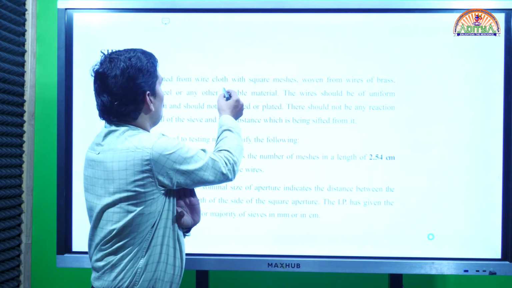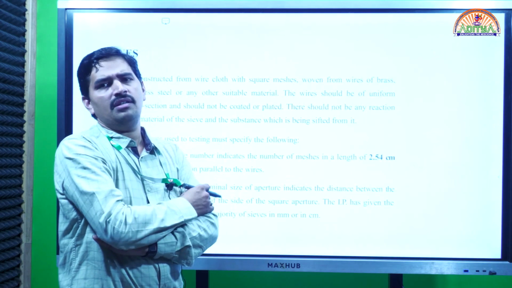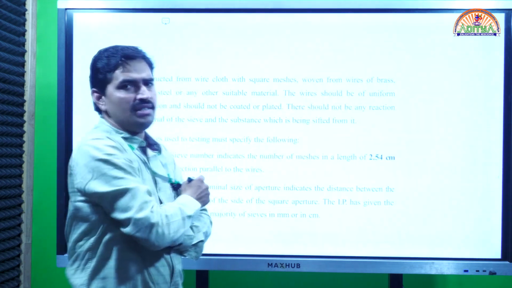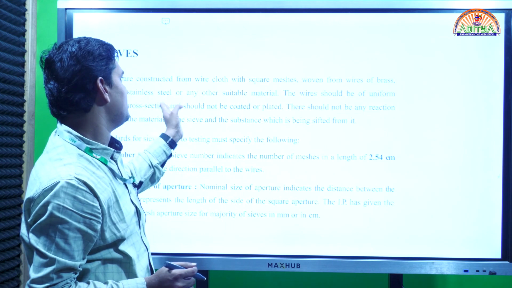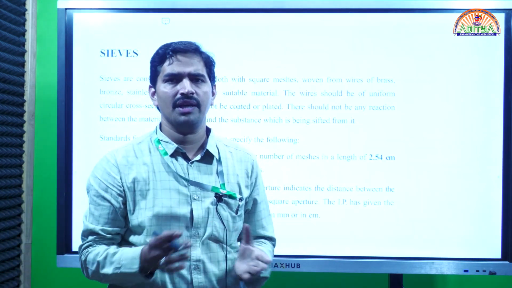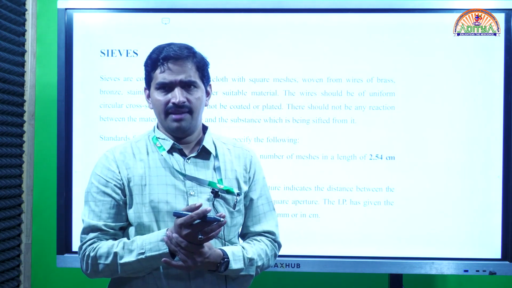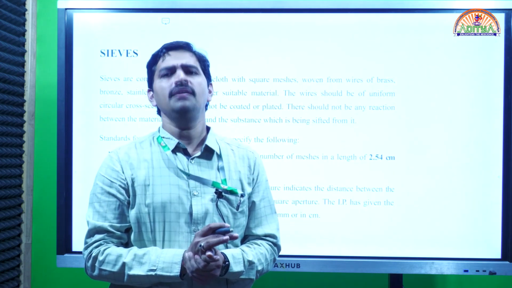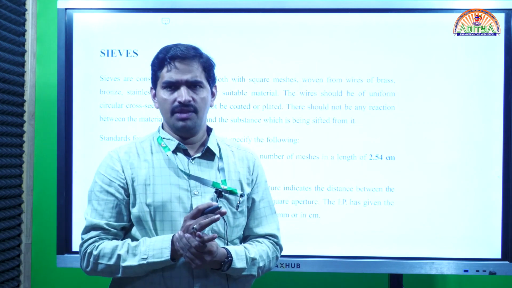Usually with the help of cloth we can frame the sieves, as well as from wires made of brass we can weave them, as well as bronze, stainless steel, or any other suitable material, by using which we produce the wires, and these are woven to form the sieves.